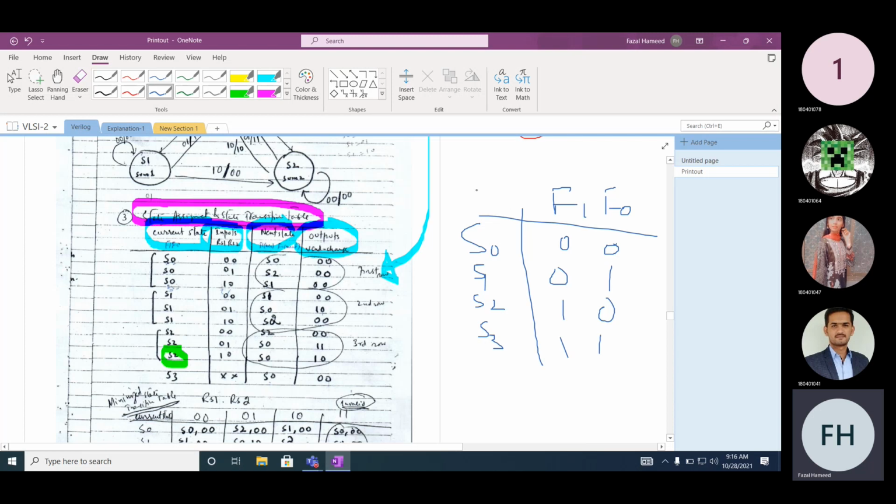So what we can do in the state transition table is replace S0 with what? 0, 0. What about S1? 0, 1. What about S2? 1, 0. So if you look here, this S0 will be replaced with 0, 0.